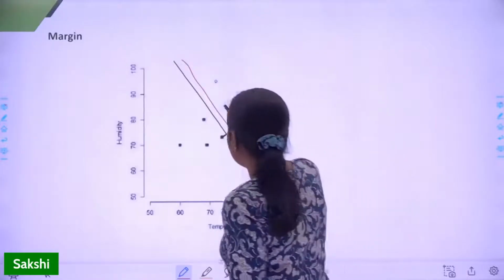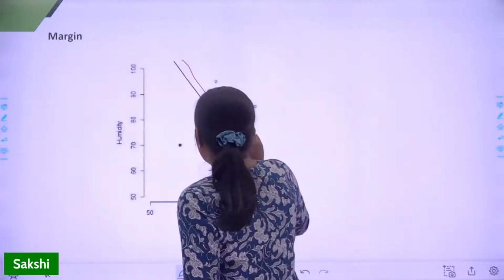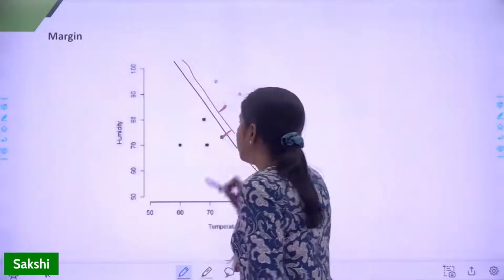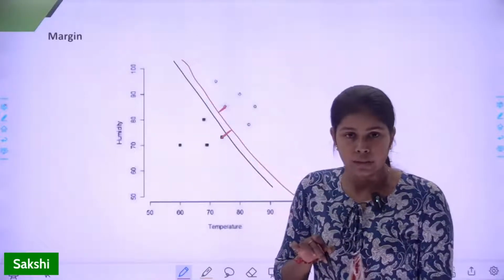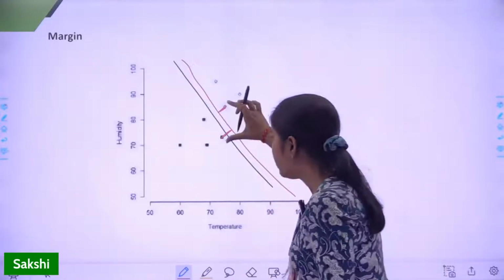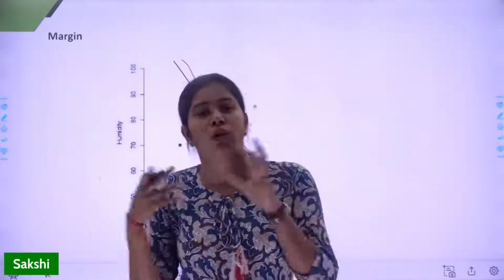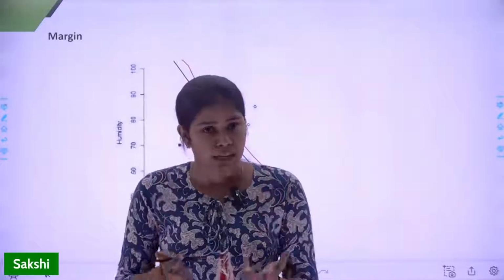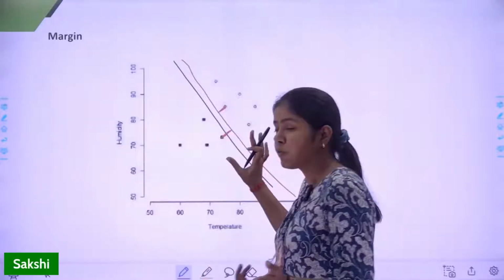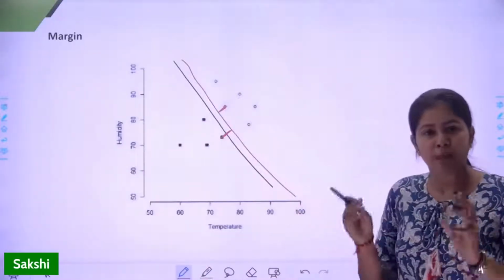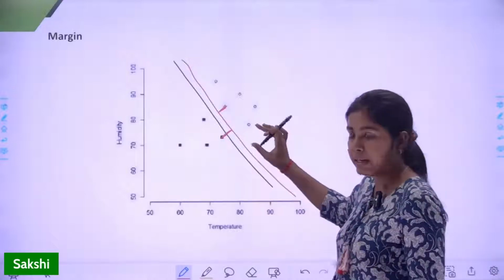Now you can see that this margin and this margin are both equal. These two distances are equal, right? So I find equal distance from the negative points and from the positive points, because I'm taking two classes here. Support vector machine helps us to do binary classification.